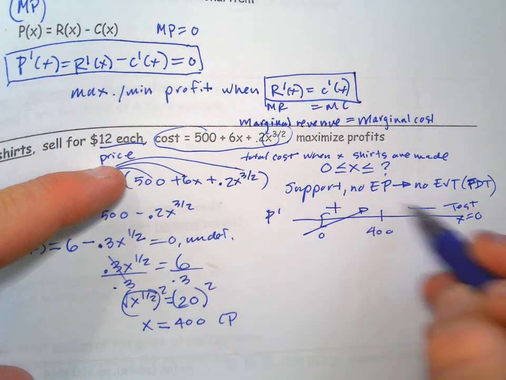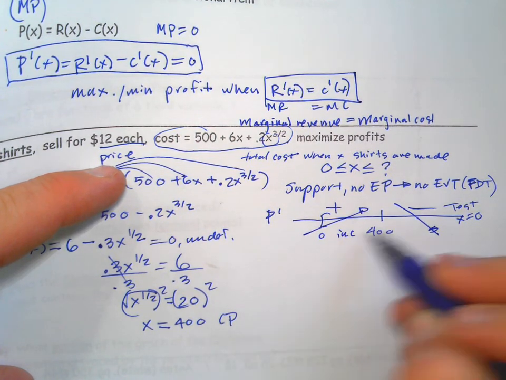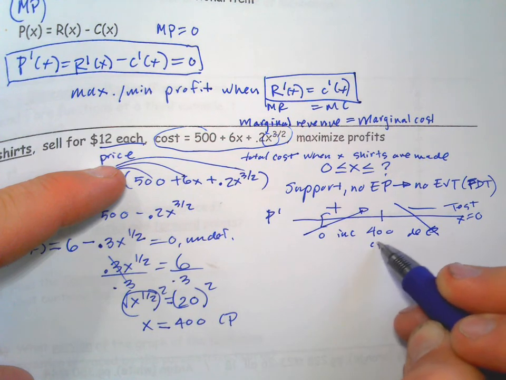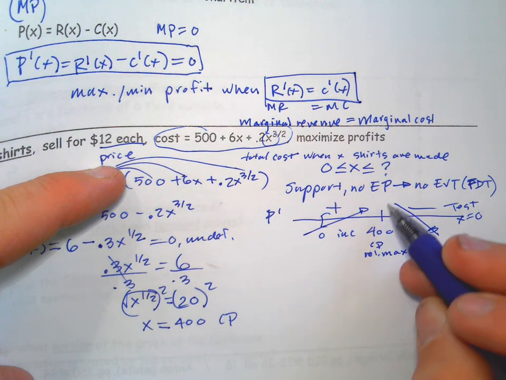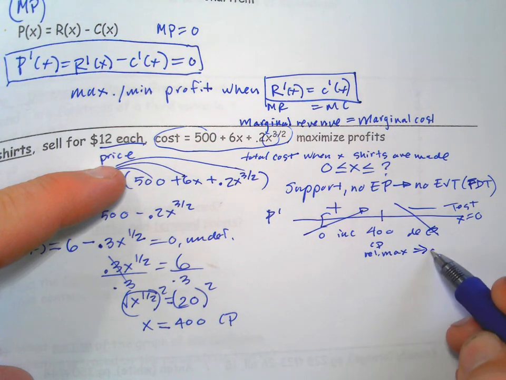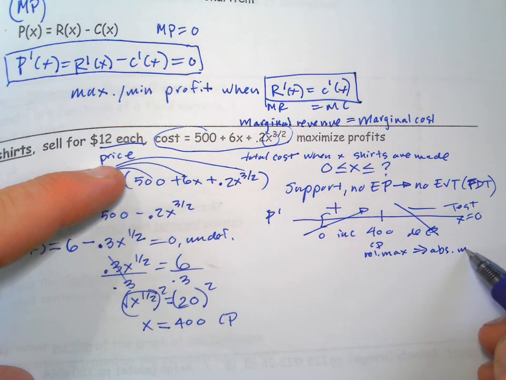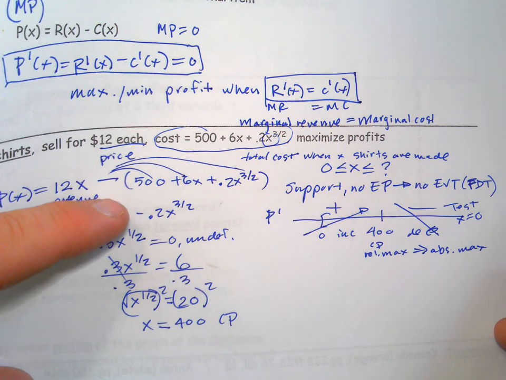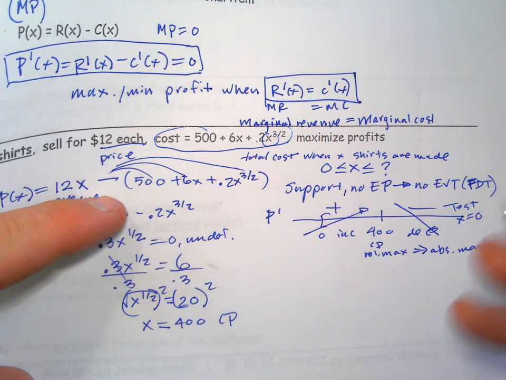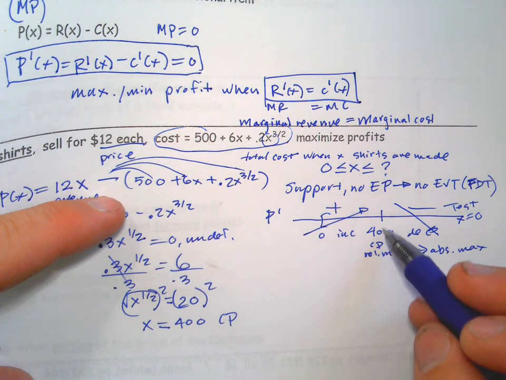So it's increasing, decreasing. So this critical point is a relative max. But because it's the only one, and that is definitely the highest point, it's going to be an absolute max. You could also do the second derivative test if you want, but that's just extra work. So I think this is going to be our max.